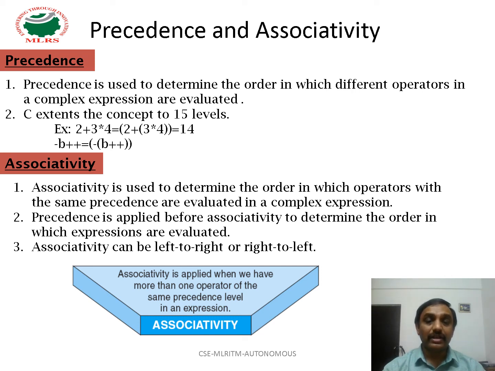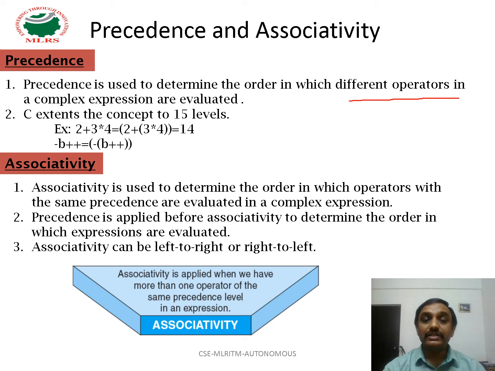The operator whose precedence value is greater, that is to be evaluated first. So here see the definition. Precedence is used to determine the order in which different operators in a complex expression are evaluated.